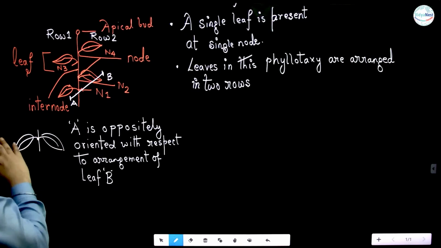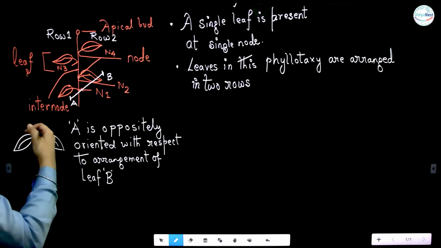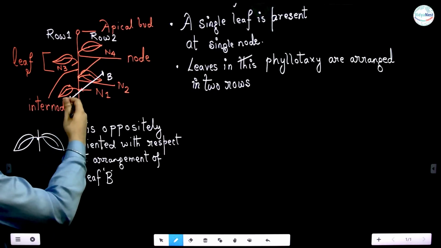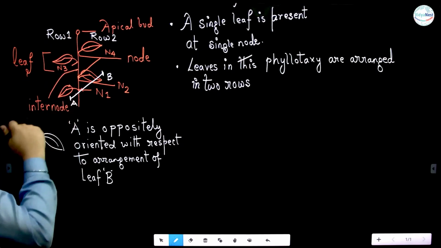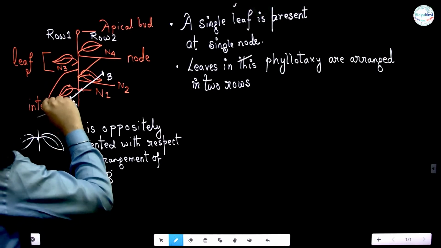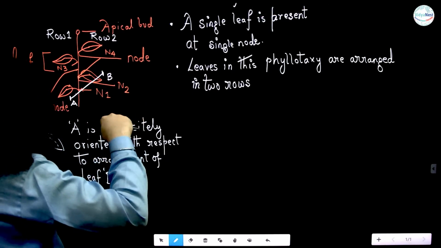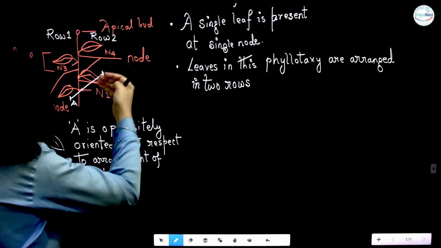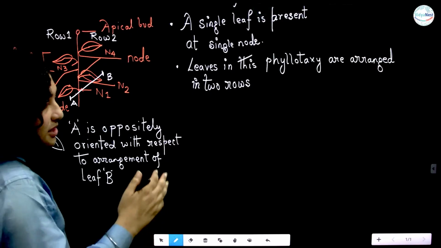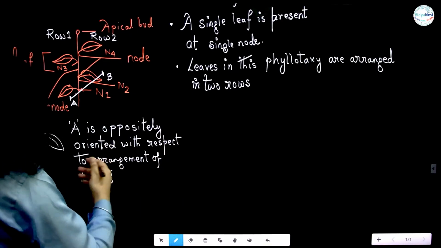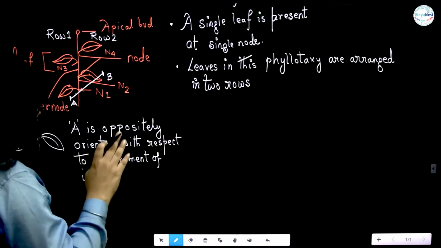But it is not only this, but here also in case of alternate, the leaf may not originate from the same node, but the arrangement is such that the leaves are arranged in two rows, first of all, and if we compare the arrangement of one leaf with respect to another one which is just subsequently above or below, then we can see that the arrangement of the leaf is also opposite in direction.